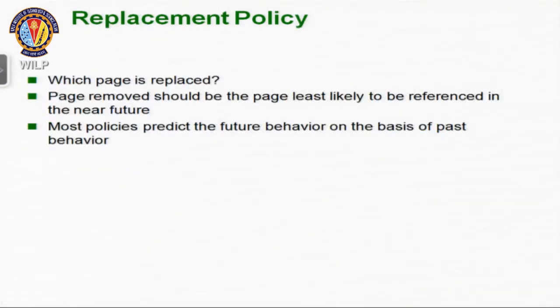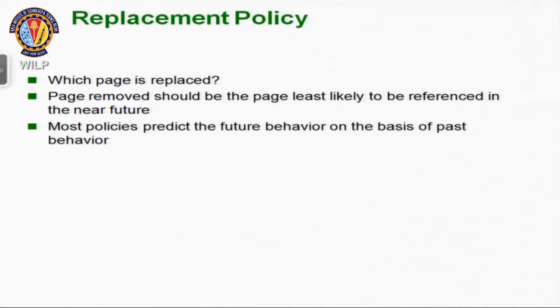Now, having seen how we handle the writing back operation when we are doing a replacement, the next question is which page to replace. That is the biggest question which needs to be resolved.